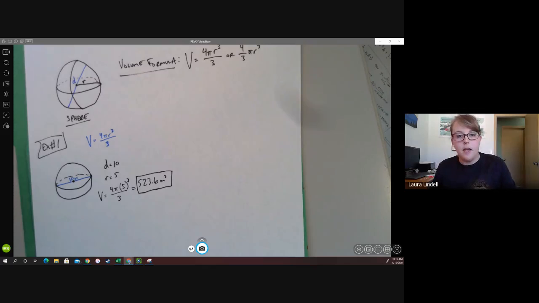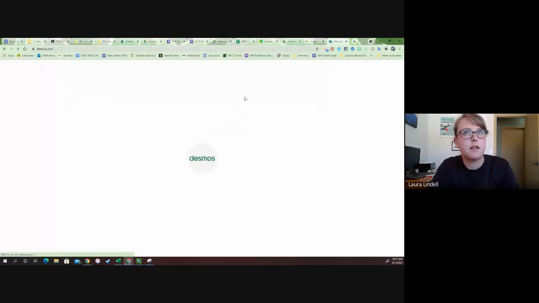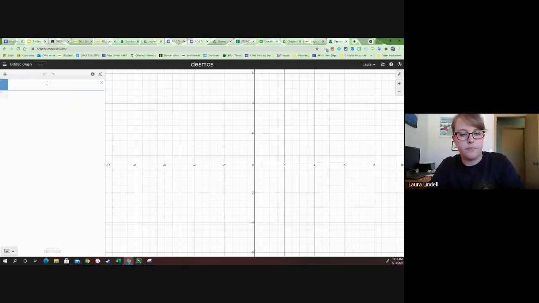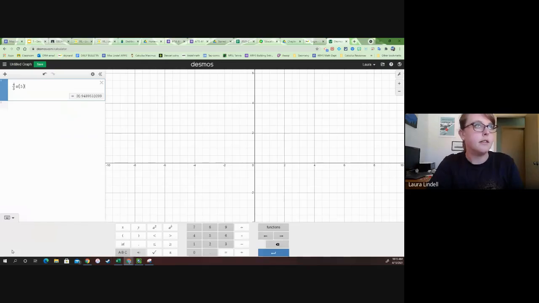All right. And if you were doing this on Desmos, I'll show that as well really quick. So you can either use the up caret button on your keyboard if you hit Shift 6. That will do it.